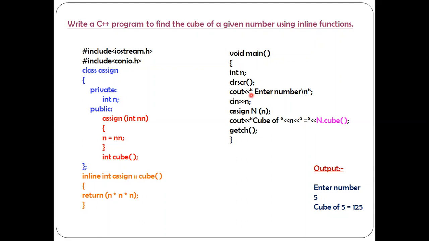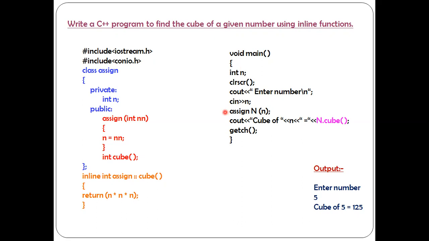Then comes a cout statement, cout stream insertion within double quotation, enter number. This statement is asking me to provide an integer number. Let us assume that we input the number 5. 5 is stored in which variable? The n variable.